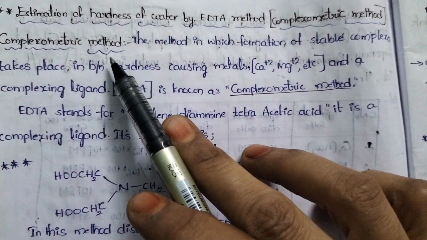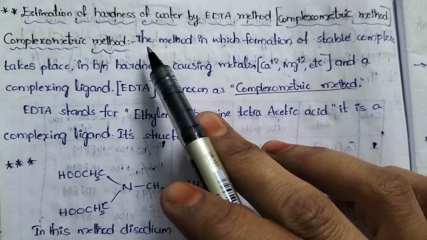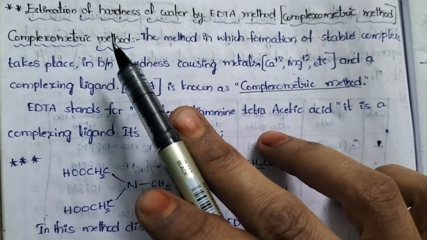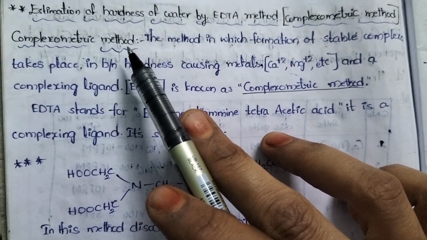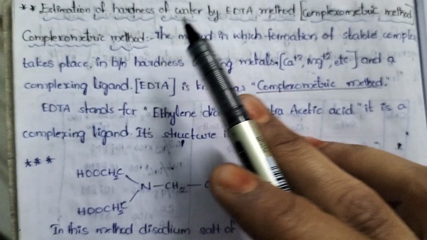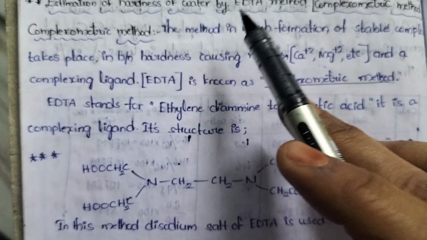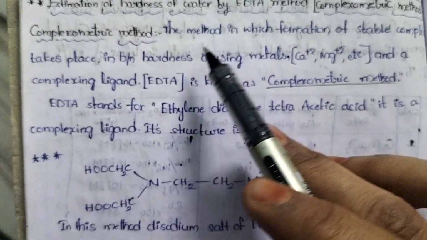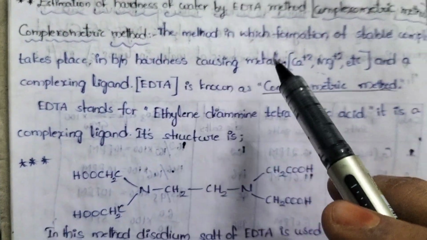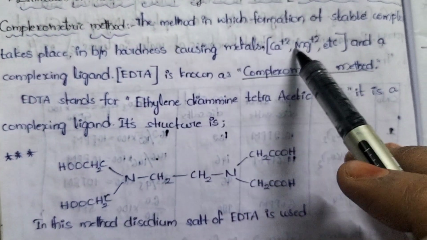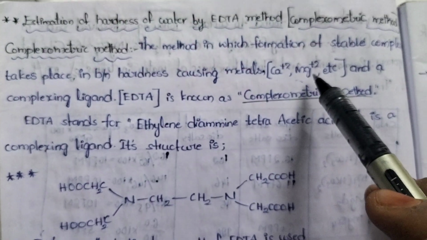Whenever we add a complexing agent or complexing ligand to hard water, this ligand captures the hardness causing metal ions, that is calcium and magnesium.